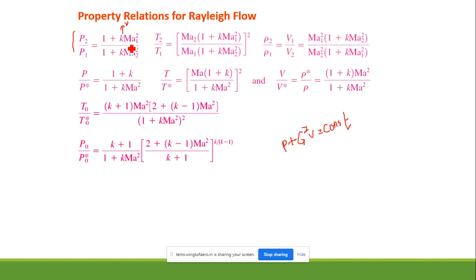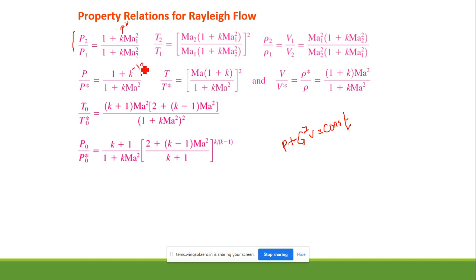You can get a clear idea of that. For all K, just put gamma.